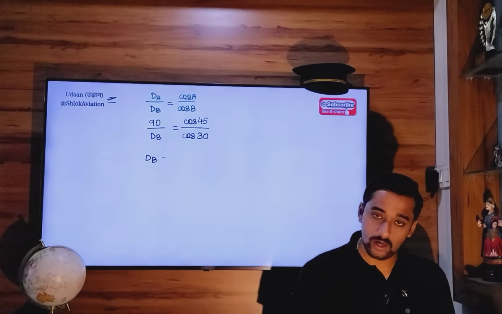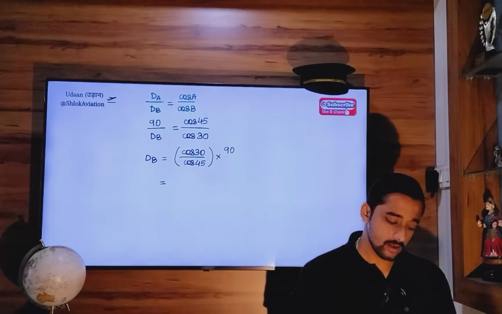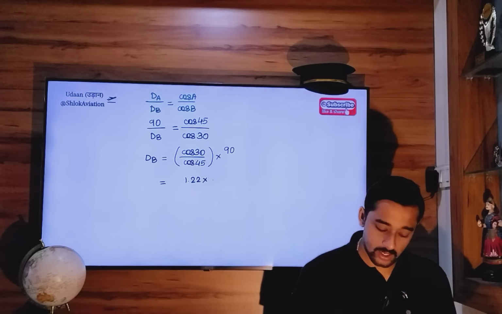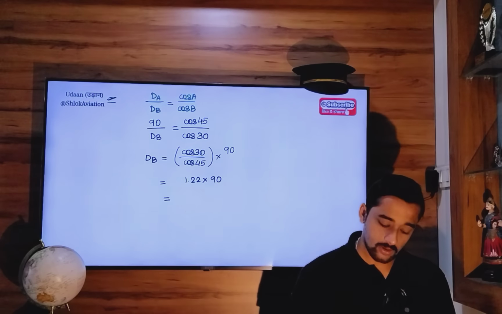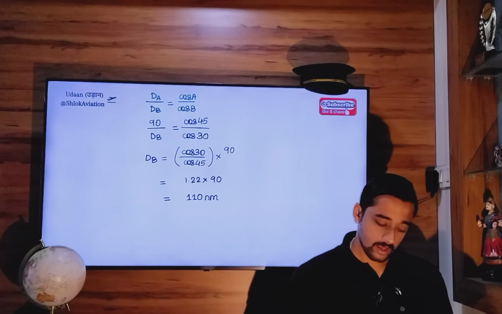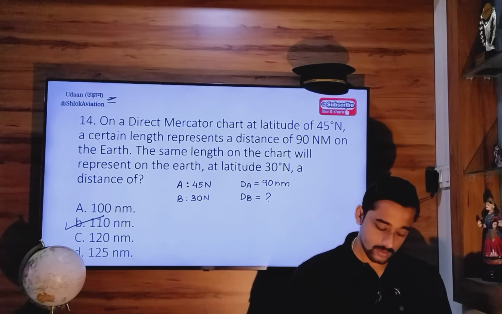Distance B will be equal to cos 30 divided by cos 45 into 90. Now cos 30 divided by cos 45 is 1.22, into 90 is equal to 110 nautical miles. So the correct option will be 110, option Bravo.